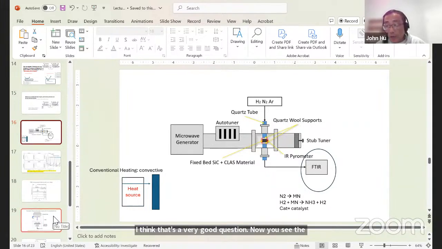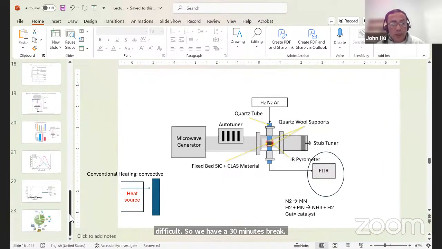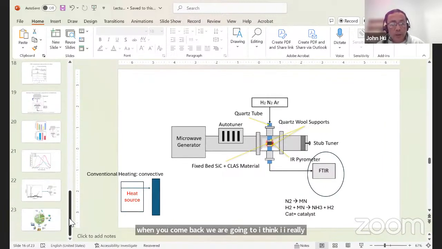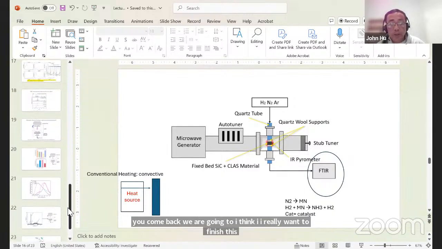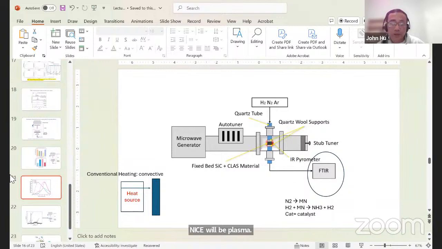So we have a 30 minute break. When you come back, I really want to finish this. Next will be plasma chemical looping, and I'm going to spend maybe 20 minutes to finish.